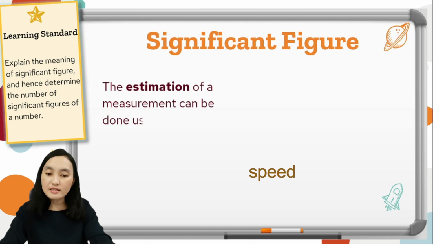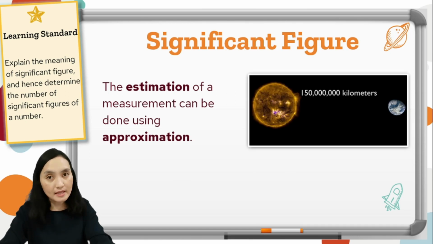The estimation of a measurement can be done using approximation. For example, the distance between the Earth and the Sun is 150 million kilometers. This value is an estimation calculated using certain methods and stated as an approximation.